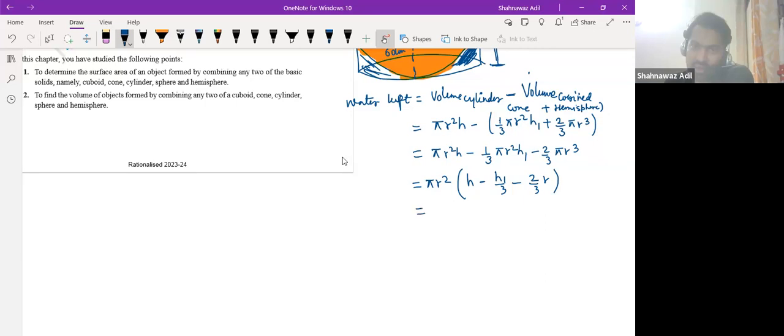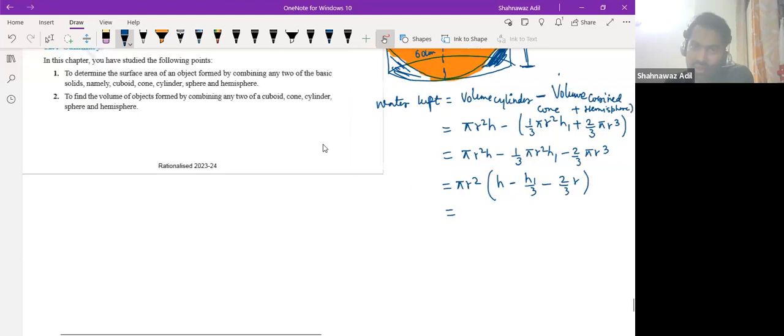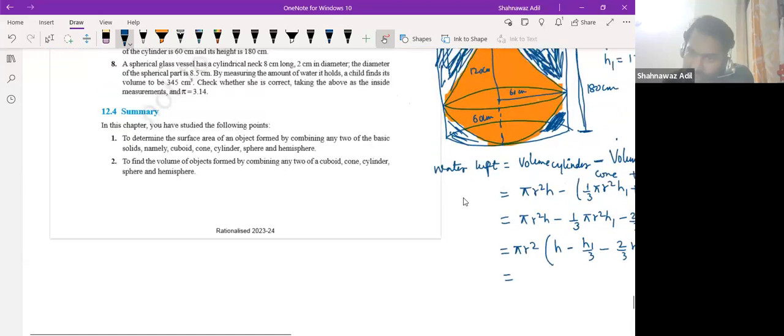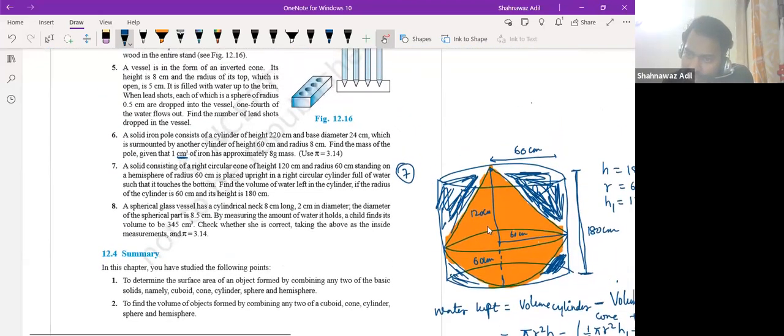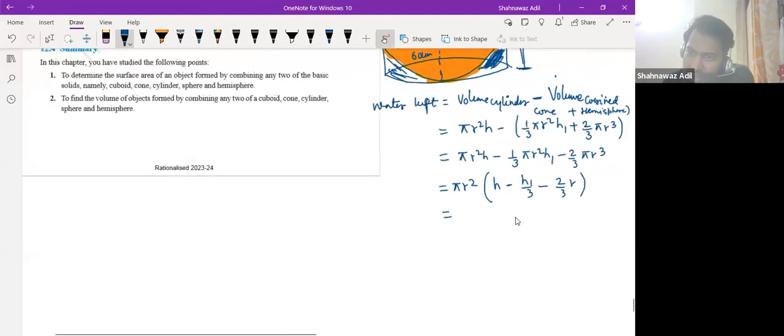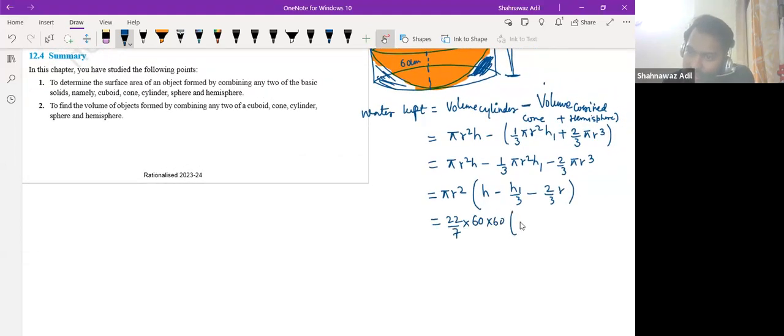Have they told us to take 22 by 7? r is how much? 60, 60, h is 180. This is 120 by 3 and minus 2 by 3 of 60, this is 40, this is 40.